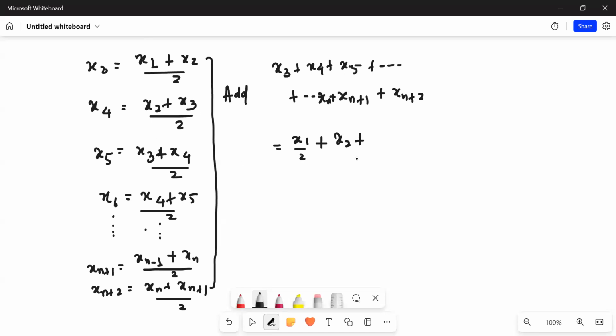Then x3 by 2 plus x3 by 2, you get x3. x4 by 2 plus x4 by 2, you'll get x4. Similarly, x5 by 2 and x5 by 2, you get x5, and I'll keep adding on. At the end, you are going to get xn plus 2 plus xn plus 2, you're getting xn, and this term will also be there, xn plus 1 divided by 2. I hope you're getting this.